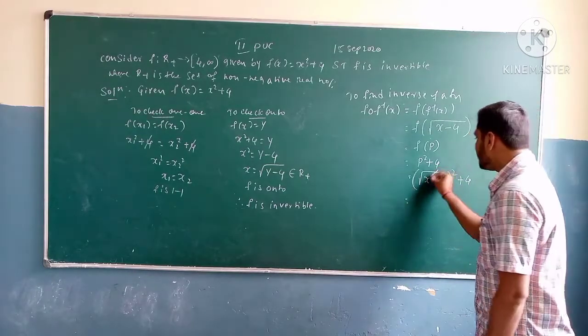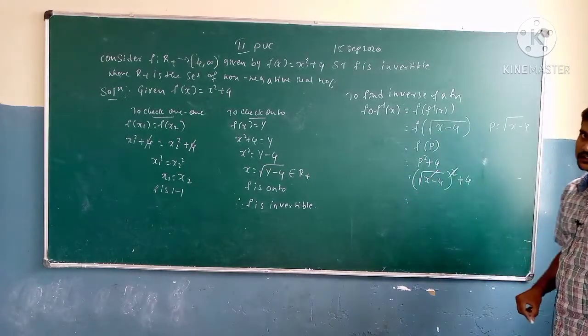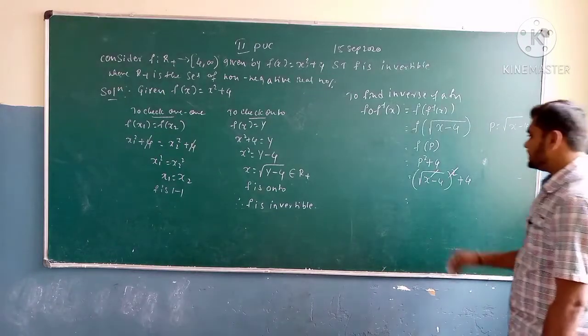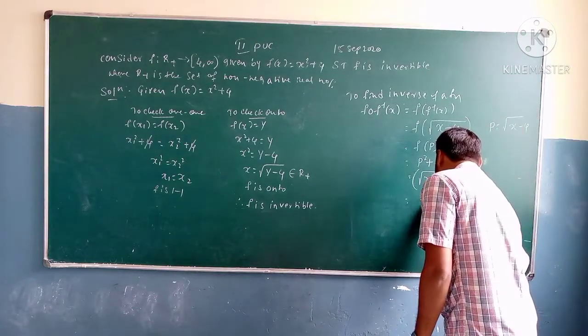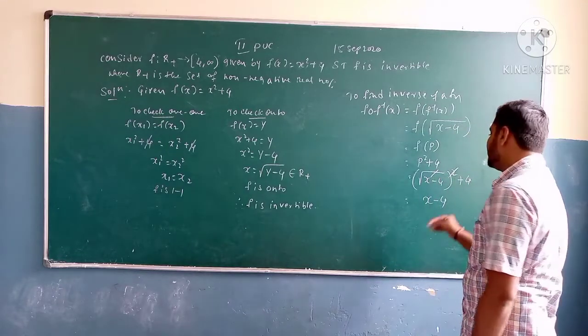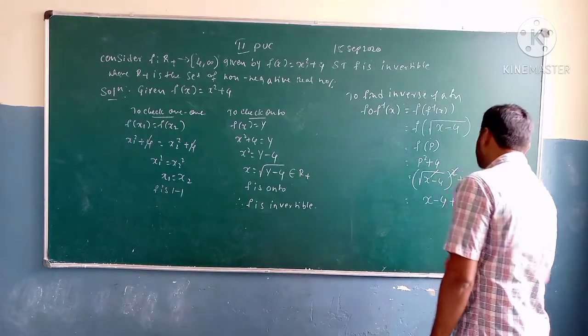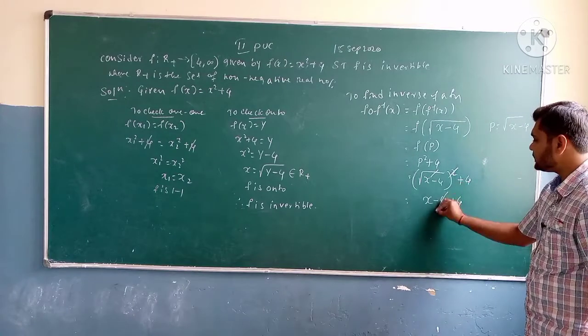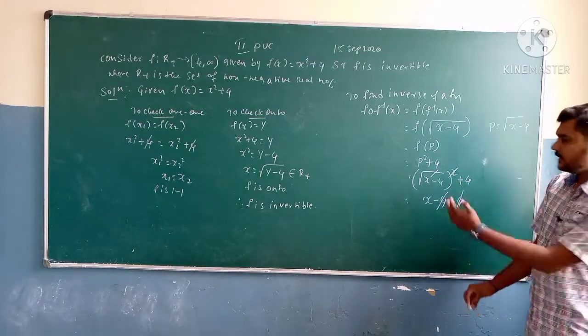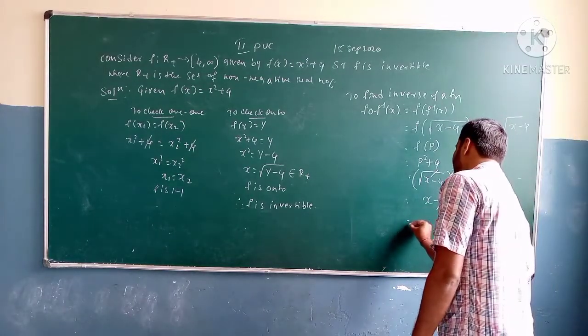The square root and square are going to be cancelled. The remaining thing is x minus 4 plus 4. Here minus 4 and plus 4 are cancelled, and the remaining thing is just x.